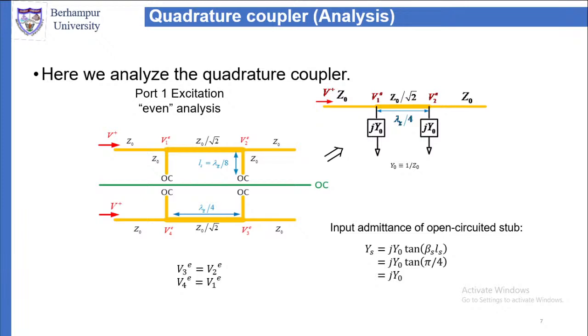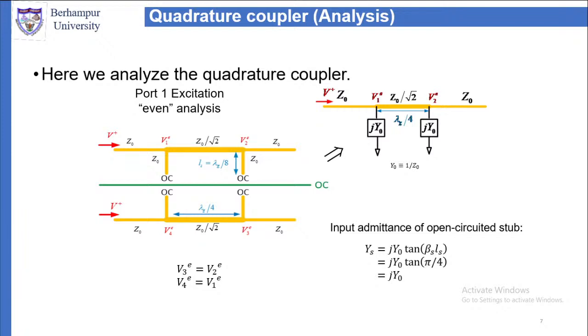Now what we can do is replace these open stubs at port 1 and port 2 by an equivalent admittance. The input admittance of an open circuited stub using transmission line theory is Ys, so Ys is equal to j Y0 tan beta s Ls.